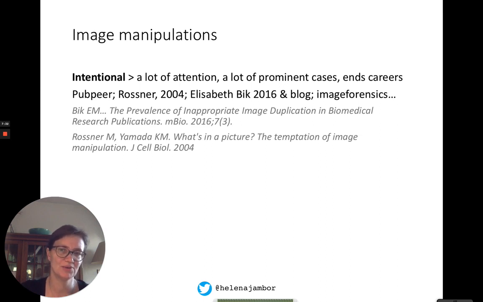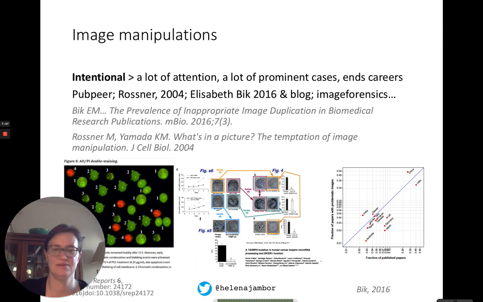Everyone probably knows the blog by Elisabeth Bik that is systematically tracking down cases of intentional image manipulation. Some of the famous examples are shown here, where images were spliced together, where image duplications appear, where parts of photographs are duplicated and reused as control, etc., etc.